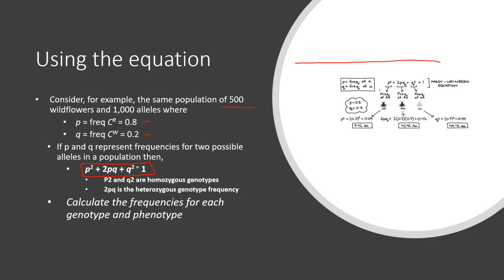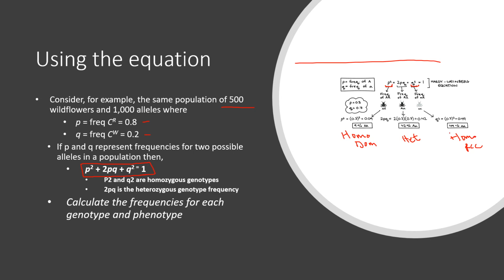Using math, P squared shows your homozygous dominant genotype, while 2PQ shows your heterozygous, and Q squared shows your homozygous recessive.